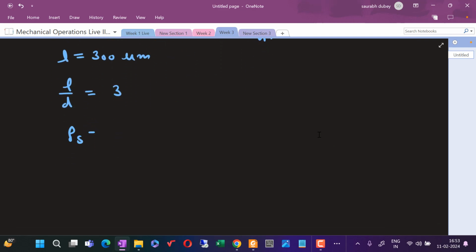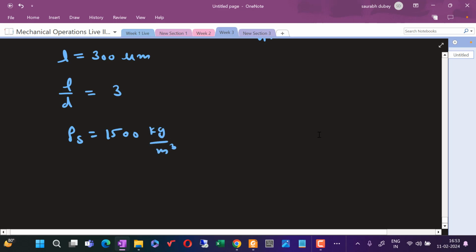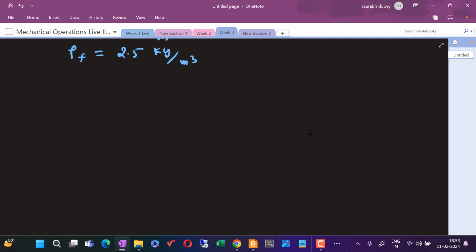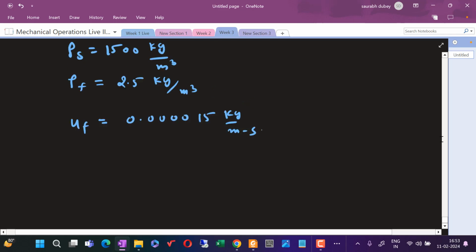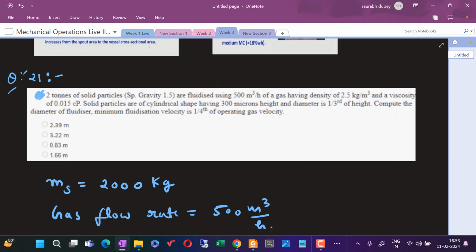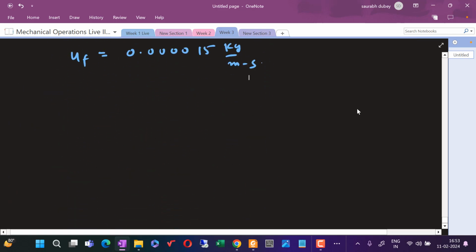Now, density of solid is given as 1500 kg per meter cube, and density of the fluid is 2.5 kg per meter cube. The fluid viscosity is 0.000015 kg per meter second, which is given over here as 0.015 centipoise.